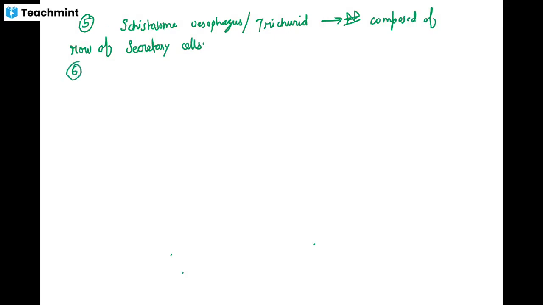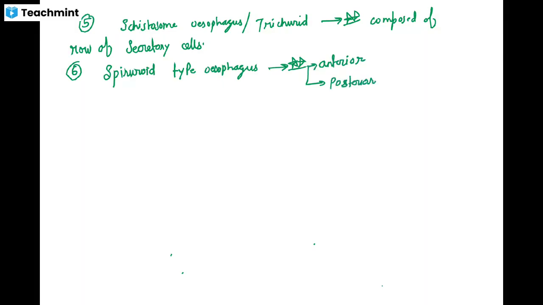Sixth and the last one is the spiruroid nematode type esophagus. In this, the characteristic feature is that it is divided into two portions, anterior and posterior. The anterior portion is muscular and the posterior portion is glandular.